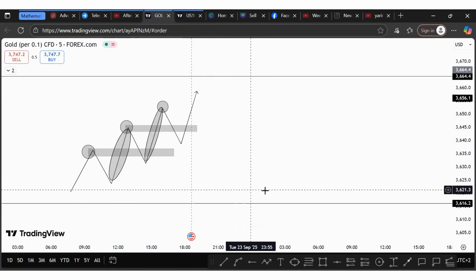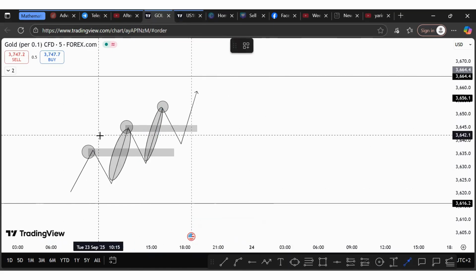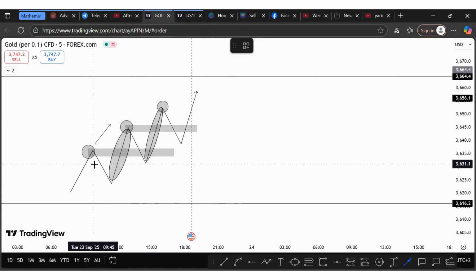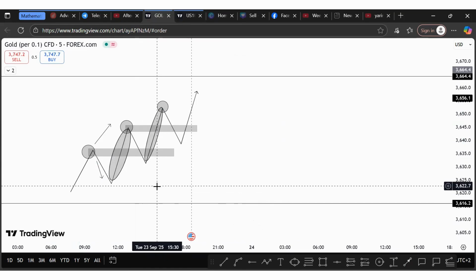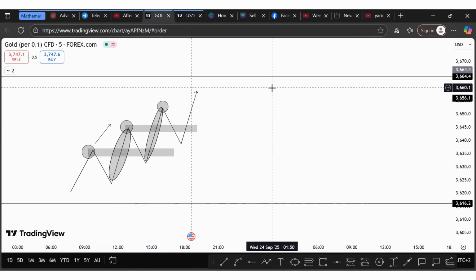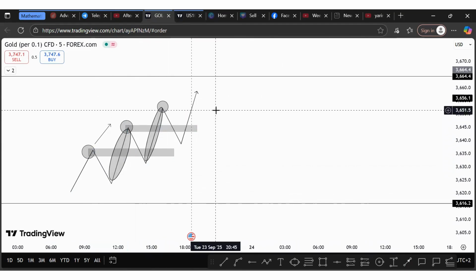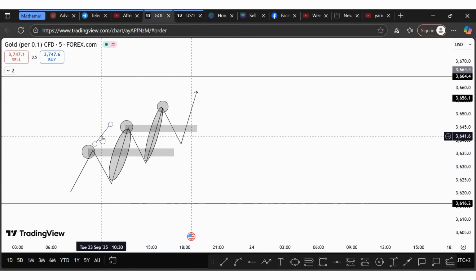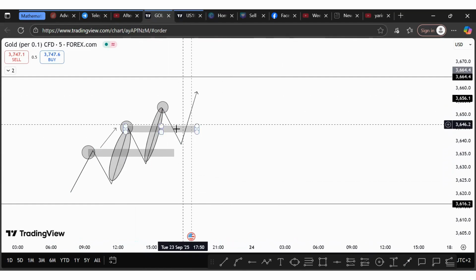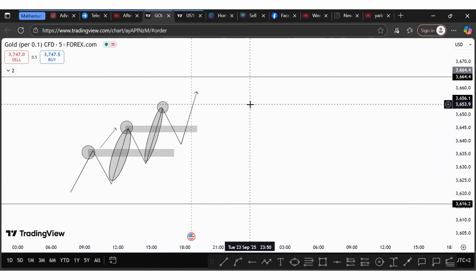Now you know that anything above here would be bullish, and anything below would be bearish. Because now this is a correction, and you don't want to find yourself trading against the market. There's no need to be trading all the time. Most of your trading, you need to wait it out.